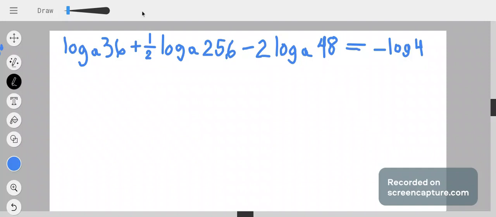So we have 1/2 log A 256. That's a big number. So when we have things like this going on here, what we're supposed to do is take the 256 and take our 1/2 and raise it.